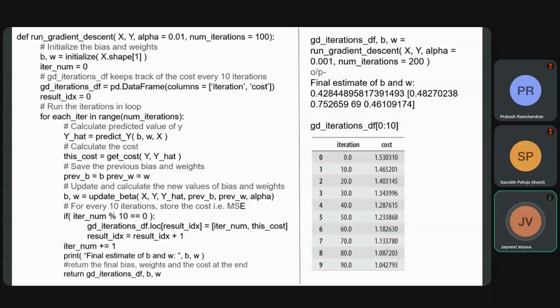So we initialize the bias and weights, and the iteration number is initialized with 0. Then we'll use iteration and cost as the columns, and the result index will be initialized again to 0, and we'll update it through the for loop that we'll be using for the number of iterations.